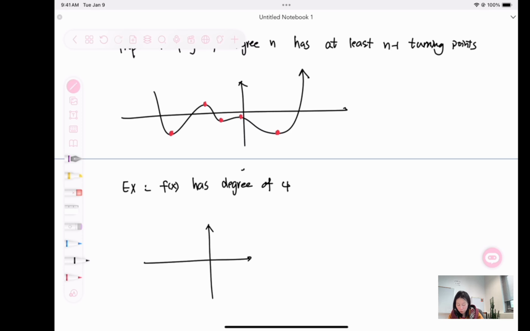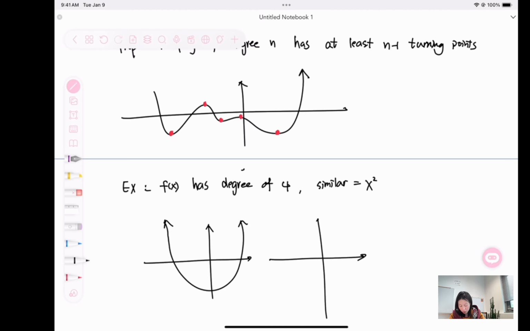Well, first of all, this is an even number, so it's going to be similar to x squared. With 1 turning point, it will look this way, right? With 2 turning points, the graph will look this way. But the end behavior is still similar to x squared.